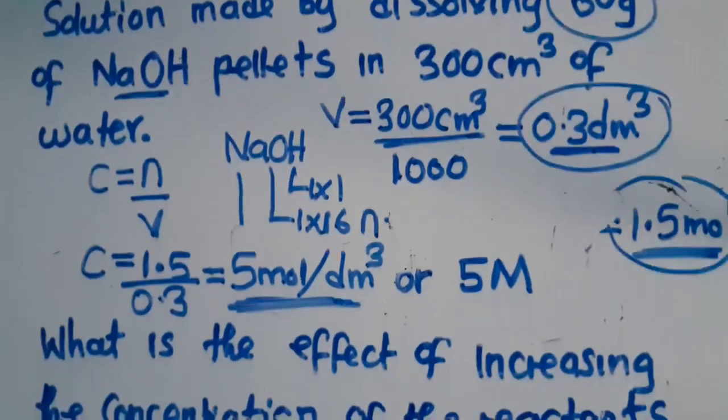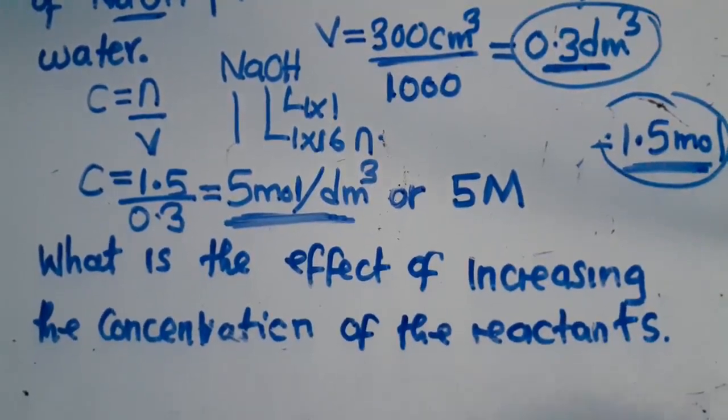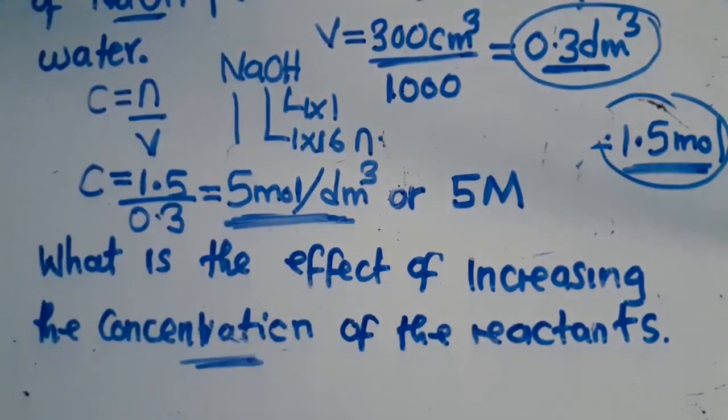Then we move to the last question, which is saying, what is the effect of increasing the concentration of the reactants? For you to answer this question, you know that the concentration refers to the reactants in solution. When concentration is increased, the rate of reaction also increases.